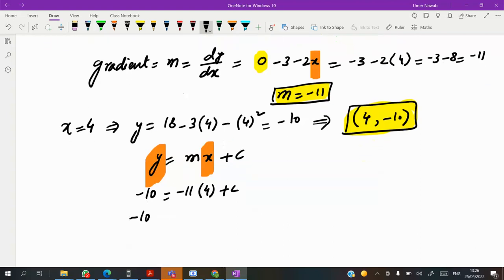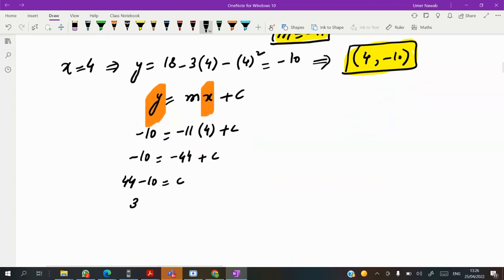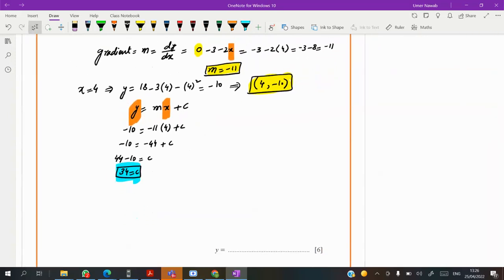So minus 10 equals minus 44 plus c. 44 goes to the left hand side to c. So 34 is equal to c. Now we found the c. Equation of a tangent would be y equals minus 11x plus c, which is 34.